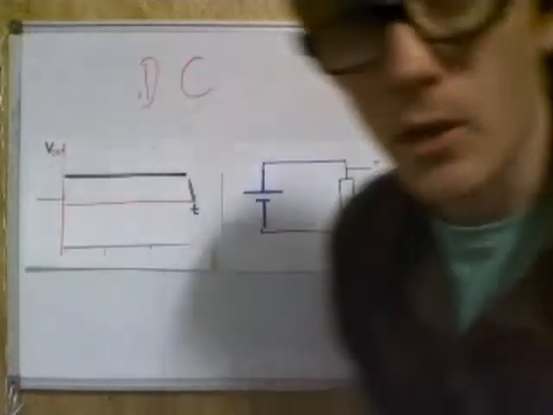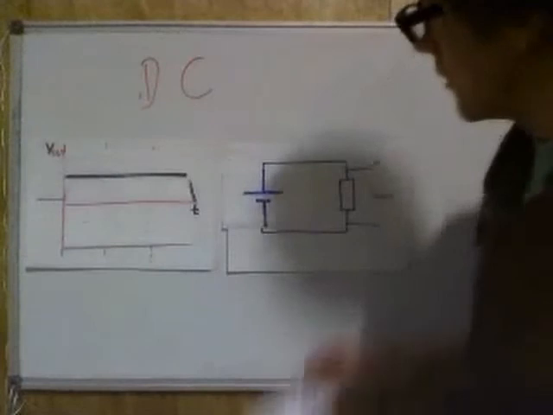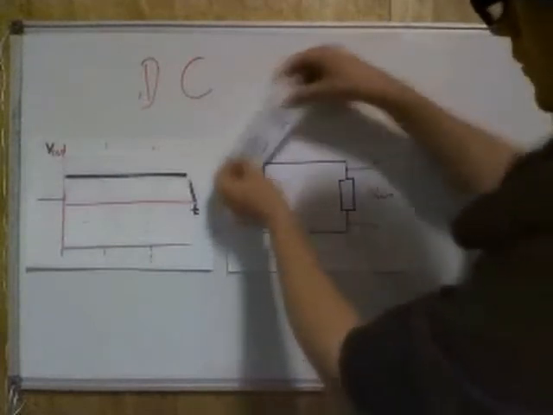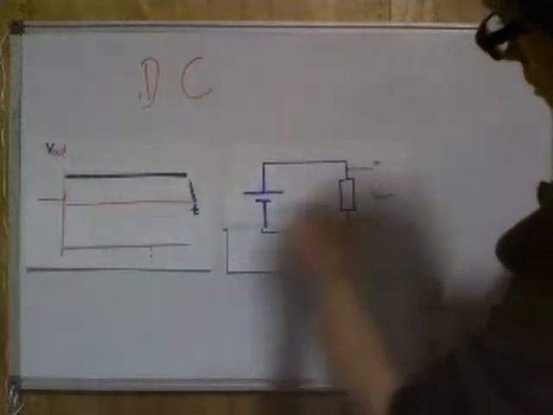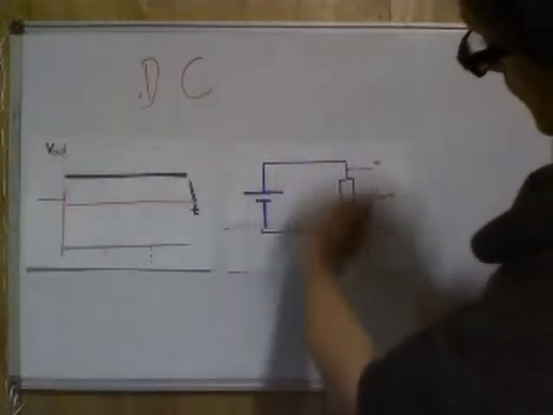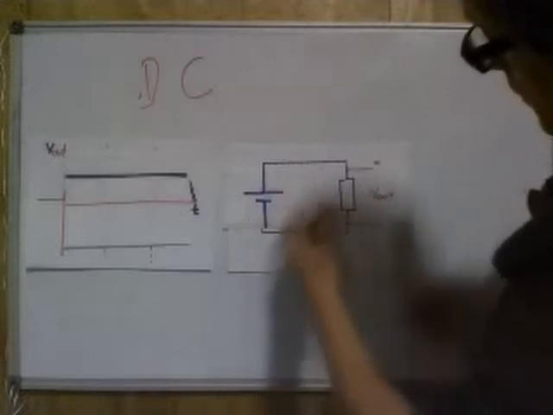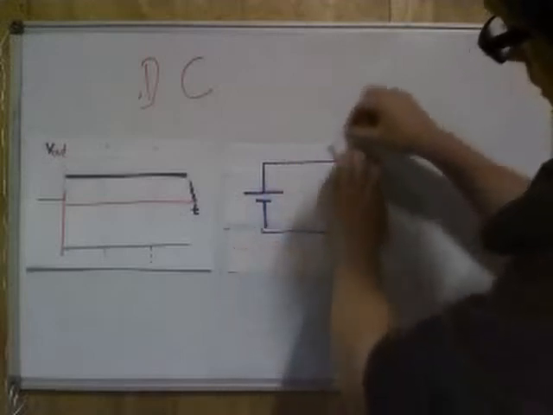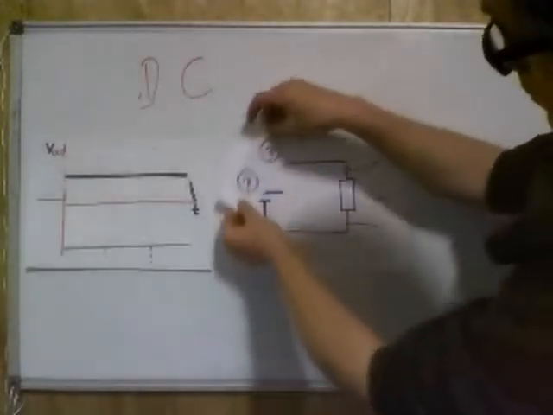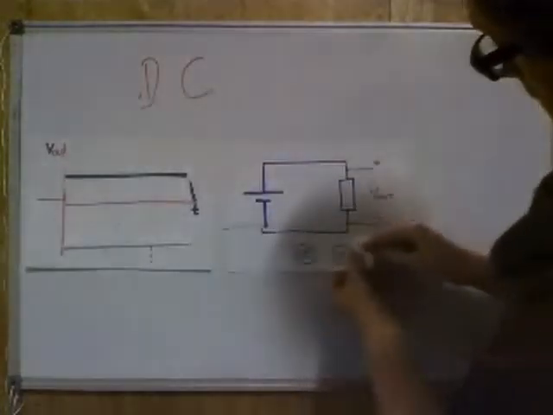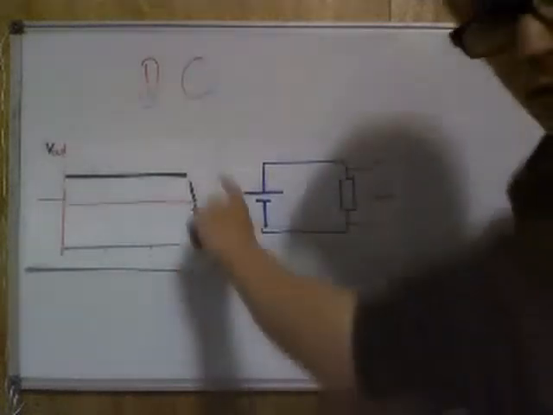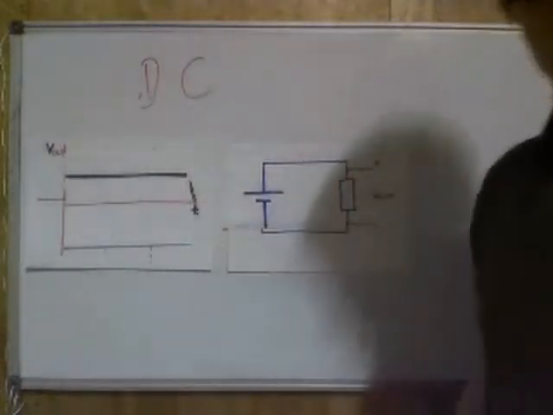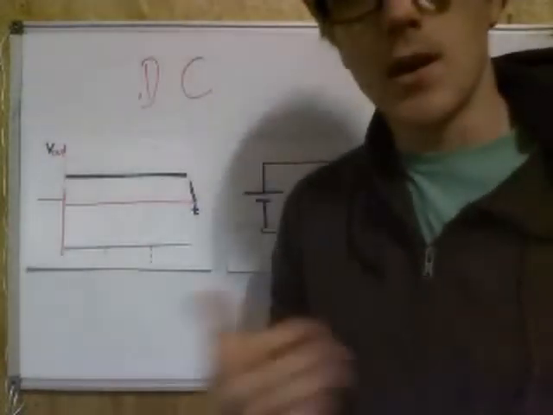And then if we talk about what the electrons are doing in this situation, the electrons aren't moving backwards and forwards, they're moving in a continuous direction. But which way are they going to go? Now, conventional current flows from positive to negative, around that way, so electrons are actually going to be flowing this way around the circuit. Okay? Again, they're going to keep going in this path continuously. Okay? They're still transporting energy, but they're moving always in the same direction. So that's the difference between DC and AC.